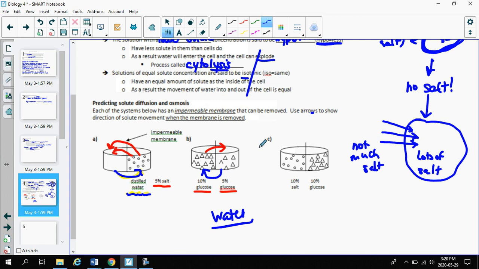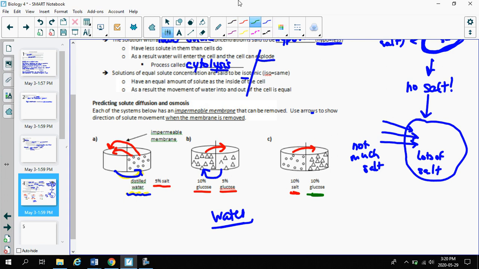And in this case, we have salt molecules, so they're the little circles. We have glucose molecules, they're the little triangles. They're both a 10% solution, so we remove this barrier between them, and we'll see that our salt will flow this way.